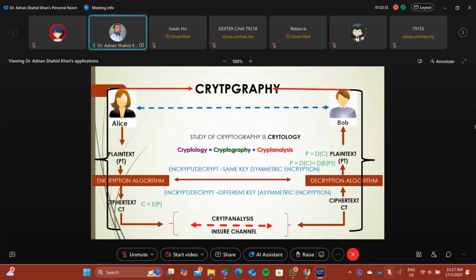For example, if we encrypt and decrypt using the same key, same method, same mechanism, we call this symmetric encryption. If we encrypt the data with one key and decrypt the data with a different key, it is asymmetric encryption. Okay, so now we move on.